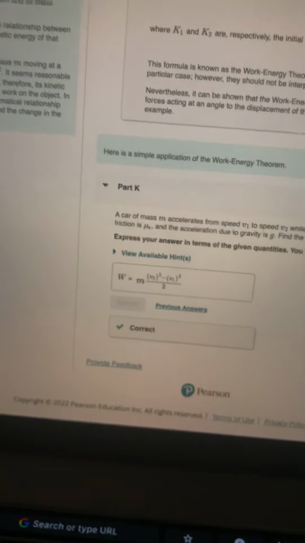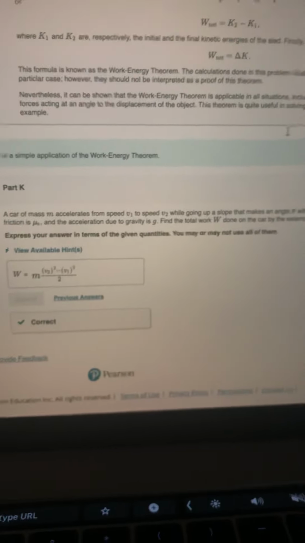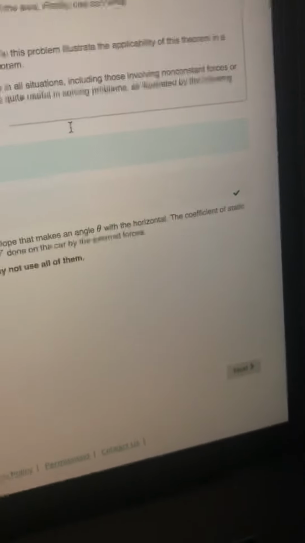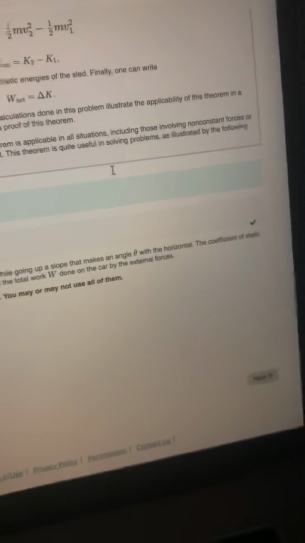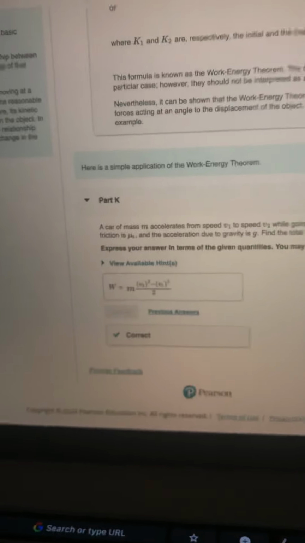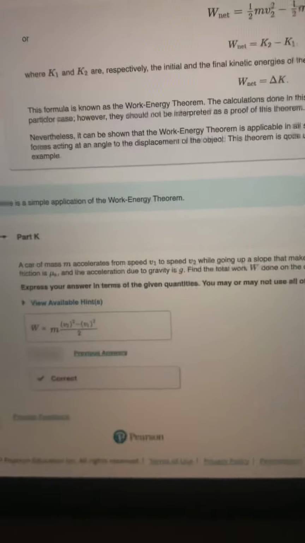Okay, part K. For part K, we have a car of mass m accelerating from v1 to v2 going up a slope that makes an angle. This is similar to what we just did with the sleigh speeding up, being pulled. It's basically the same thing.